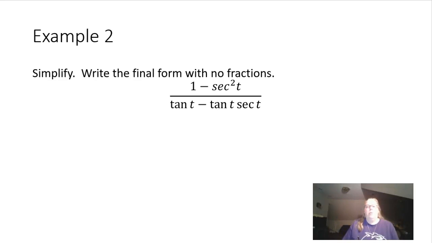It is a difference of squares, and it factors into 1 plus the secant of t times 1 minus the secant of t. And then in the denominator, I'm going to factor out that GCF, which is the tangent of t.